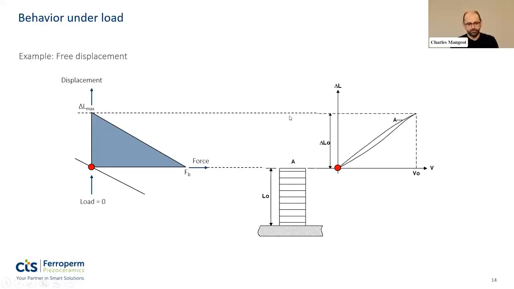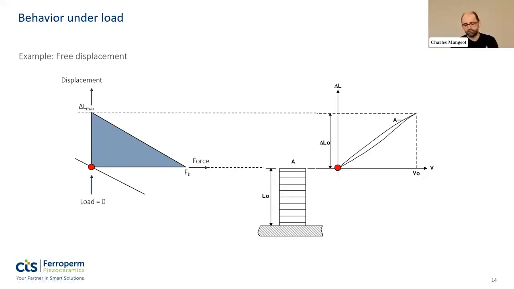So I'm going to go through just a few typical examples, just to illustrate. If I plot here just a triangle that goes between the origin, the free displacement, and the blocking force, that corresponds to an actuator that has a certain length and a certain original position.